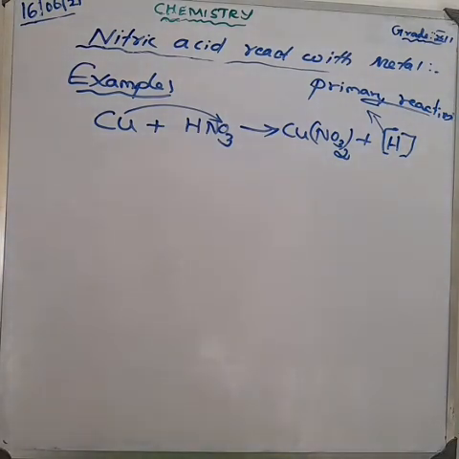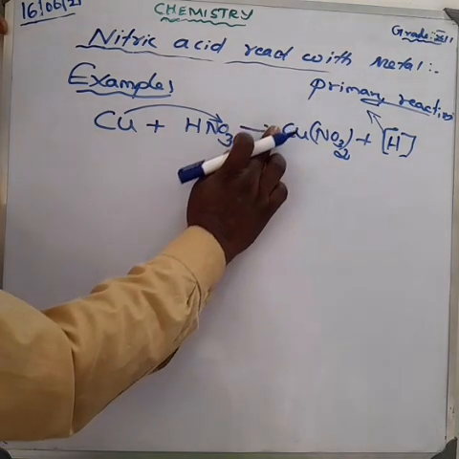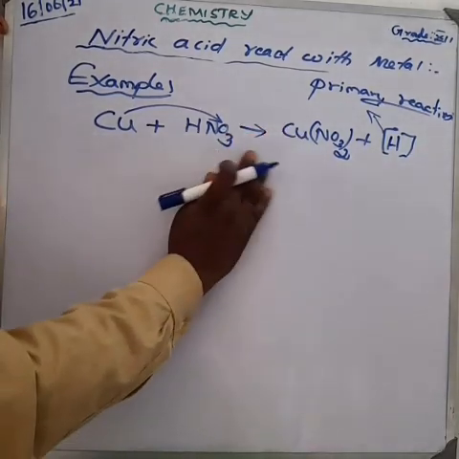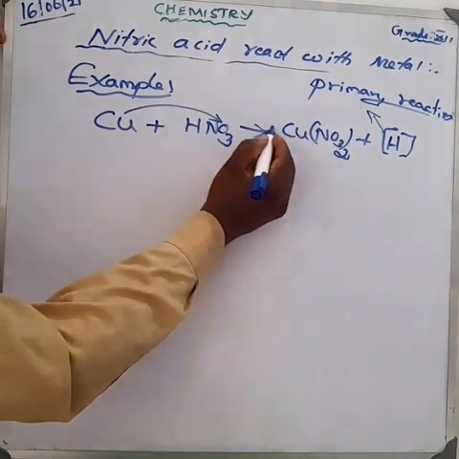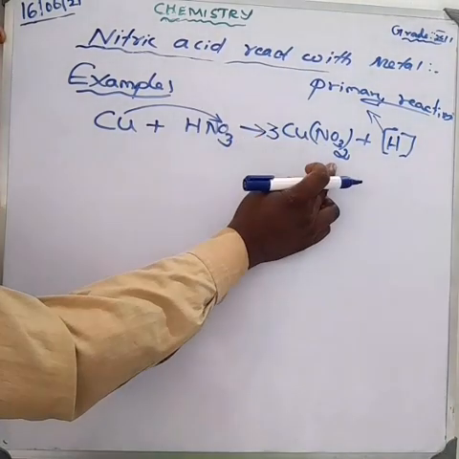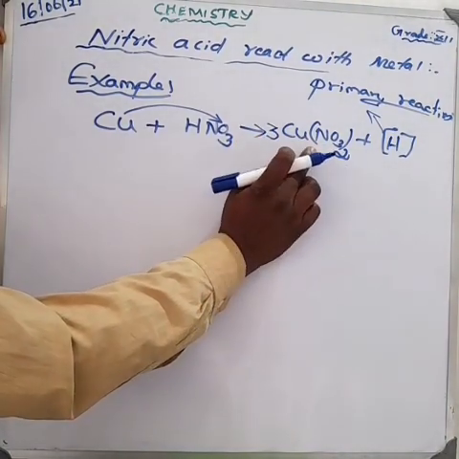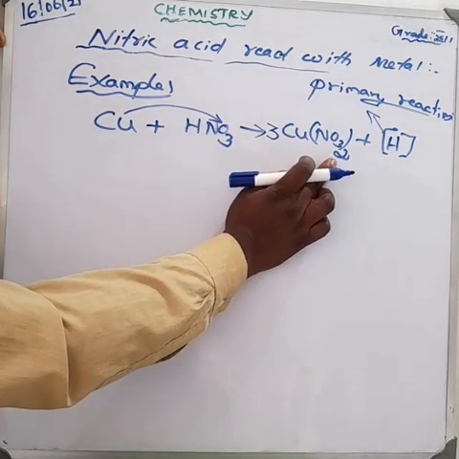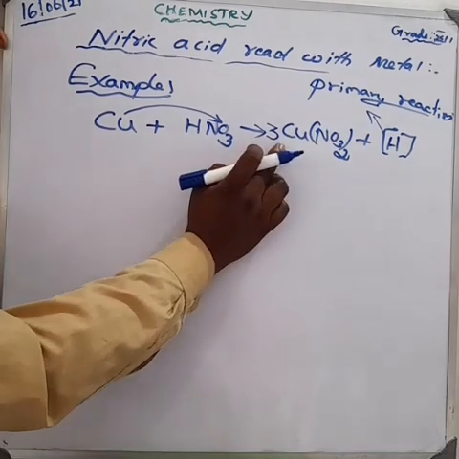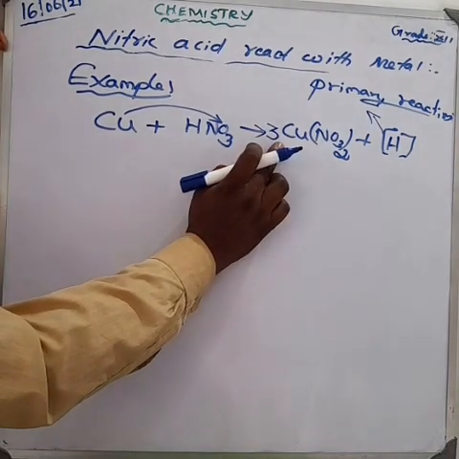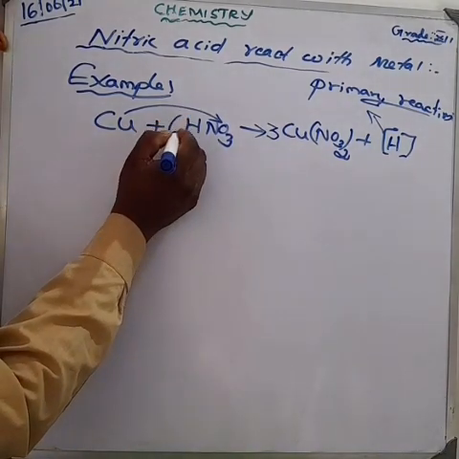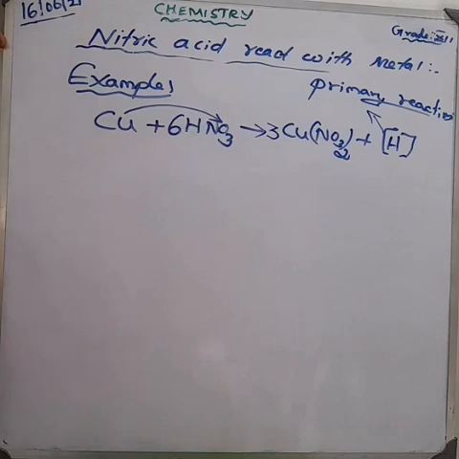Okay, so how can you balance the equation? Here balancing the equation is very, very important. On the product side, if you make 3 copper nitrate, we get 3 Cu(NO3)2. How much nitrate is there? 3 into 2 is equal to 6. So we have to add 6 nitric acid.